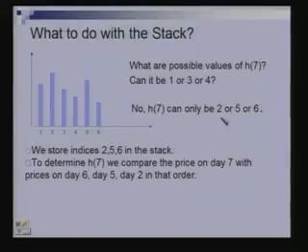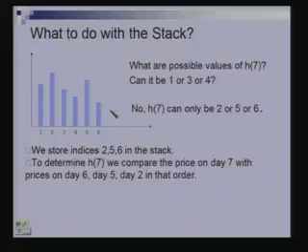So, we will store these indices 2, 5 and 6 in an array, in a stack. 2 will be at the bottom of the stack, 5 will be above that and 6 will be at the top. Now, to determine h of 7, what do I need to do? I will first compare the price on day 7 with the price on day 6. Suppose the price on day 7 was less than the price on day 6.